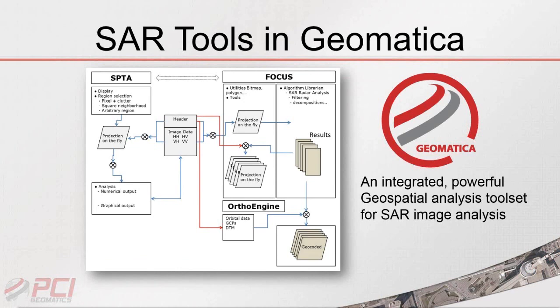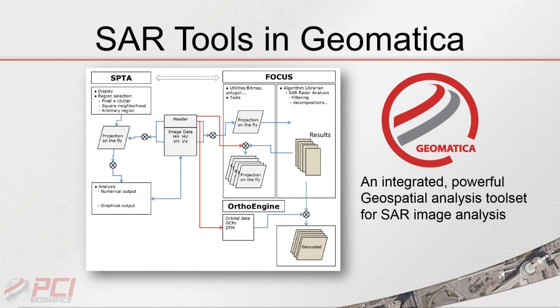And then we have at the end our Ortho Engine tool, which allows you to generate geocoded end products that line up perfectly with the Earth's surface or reference data that you have. All of the tools here are well integrated. There's a lot of automation in the system so that you are spending your time analyzing the imagery and your results, as opposed to struggling with just getting through the workflow.